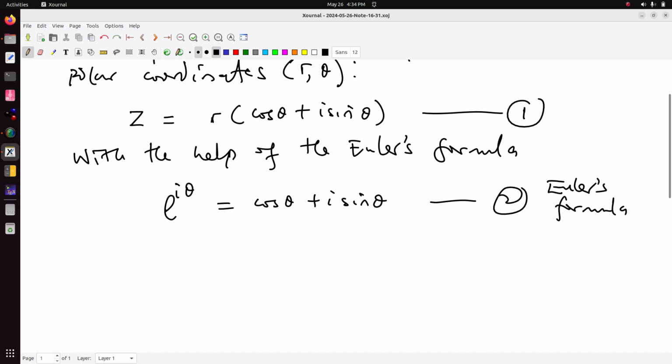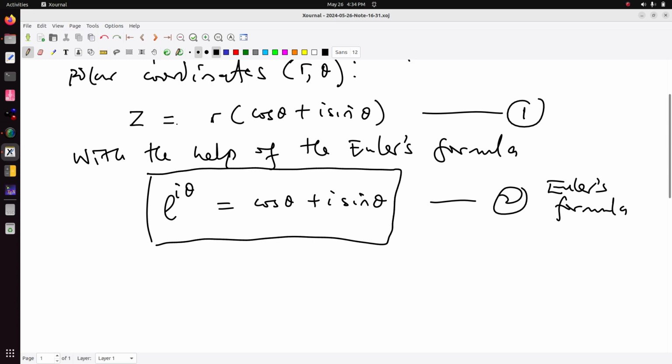So if we use Euler's formula, we can write equation 1, which is the polar form of the complex number z, which is r cos theta plus i r sine theta.